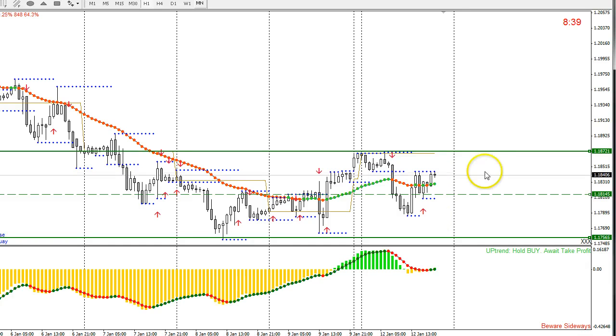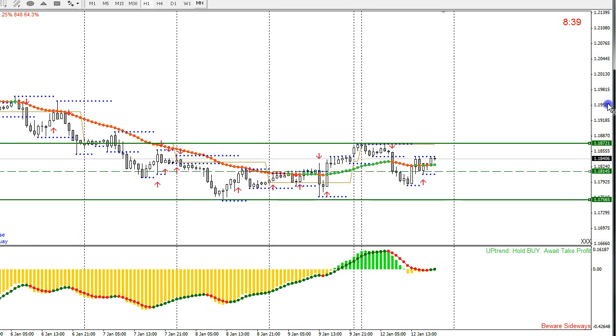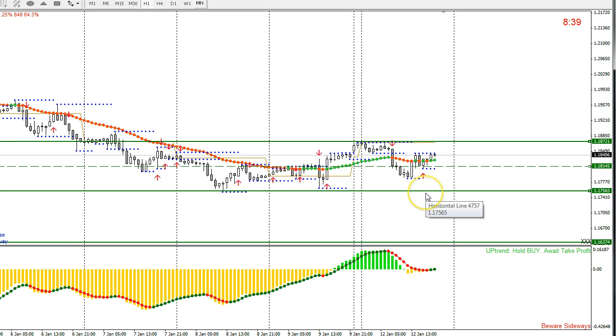Now if you're looking to trade on the short side, it's about the same, just opposite. The short side is technically easier to trade than the long side. You would have different entry levels, this entry level, this entry level, and this entry level.